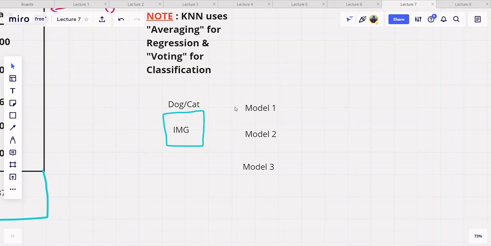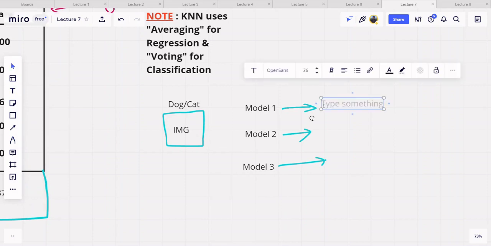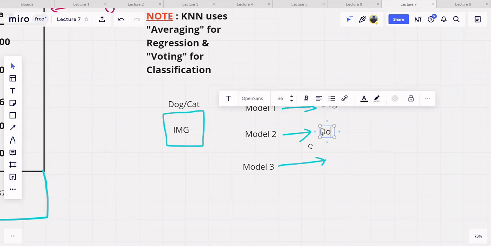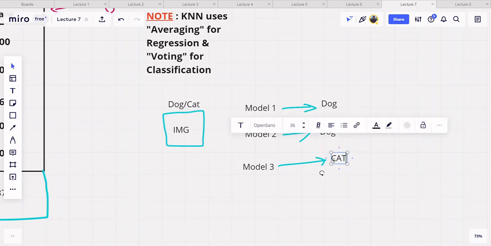Now given this image, let's say the first model predicts that it is a dog, and the second model also predicts that it is a dog, but the third model predicts that it is a cat.